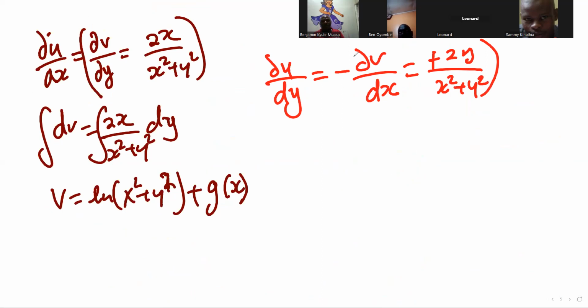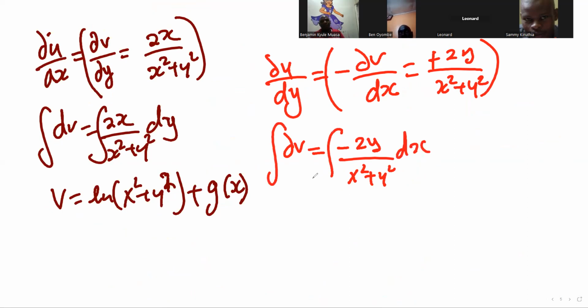So you're going to check this part here. So we have dv equal to minus 2y over x squared plus y squared, then dx, integration of this one here.